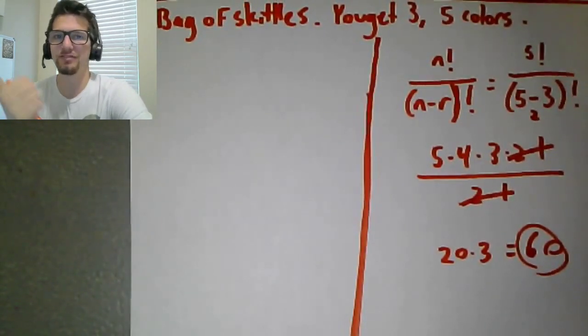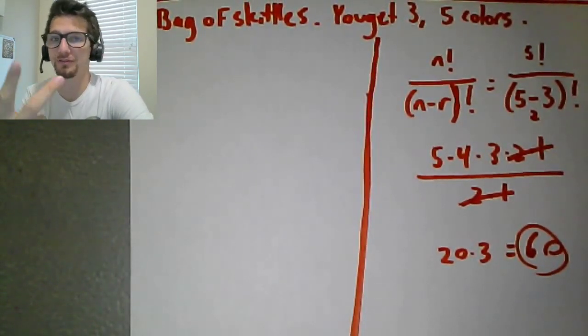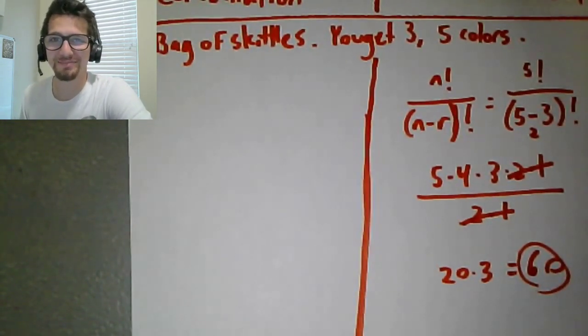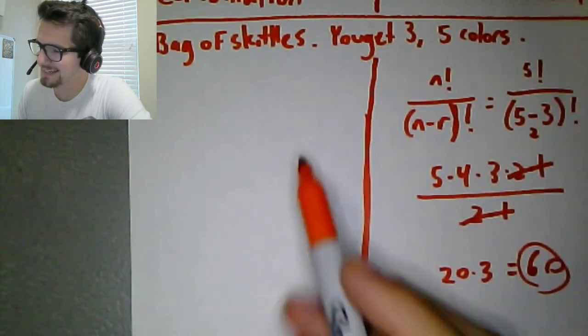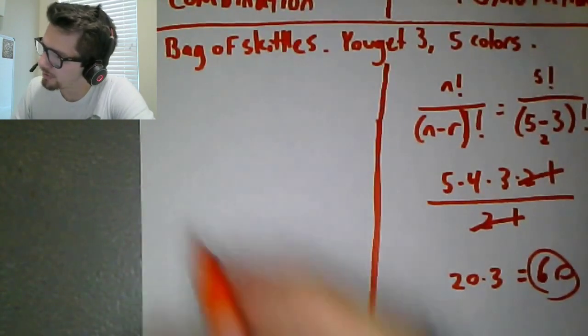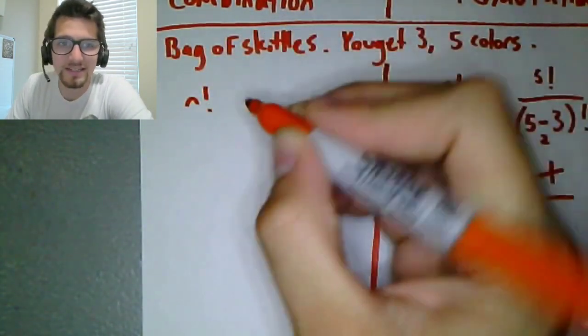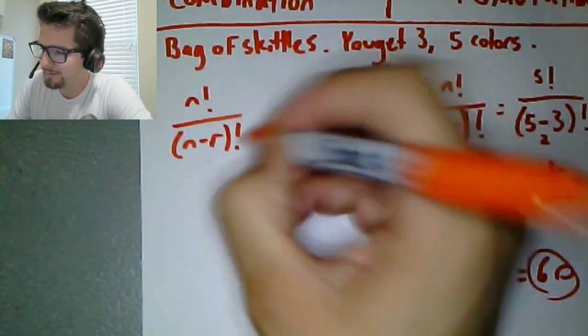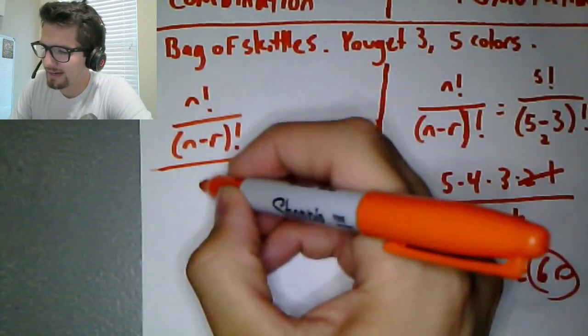It doesn't matter if I get red, purple, green, or green, purple, red. They don't care. But let's say they do. For some reason, they're being weird about it, and they say that the order does matter. Well, then our equation is the same thing, except we're going to divide it by another one of these.